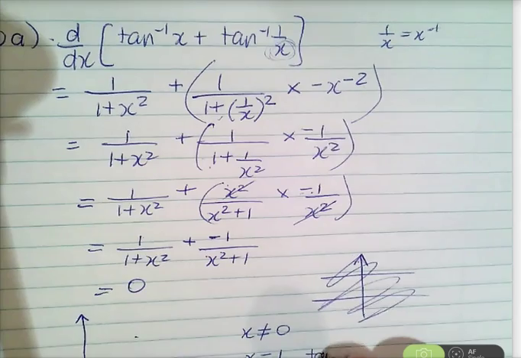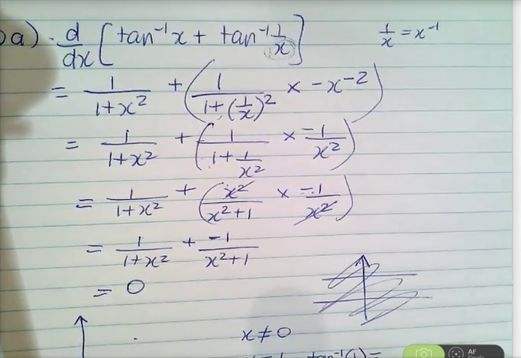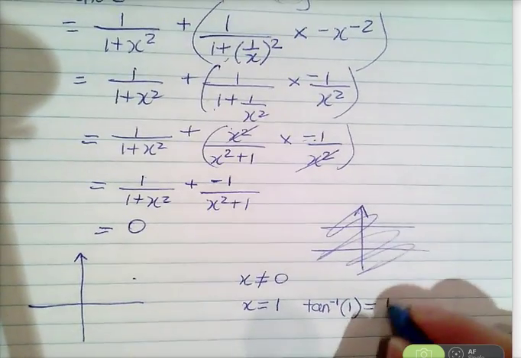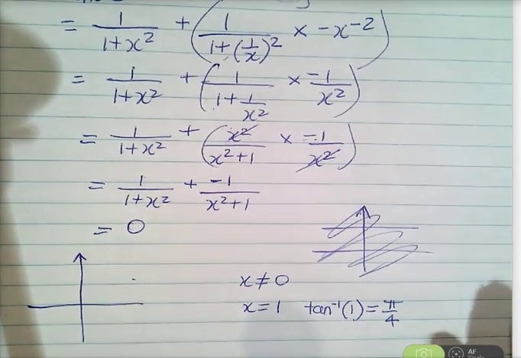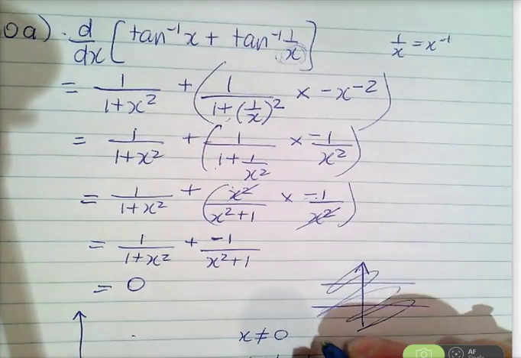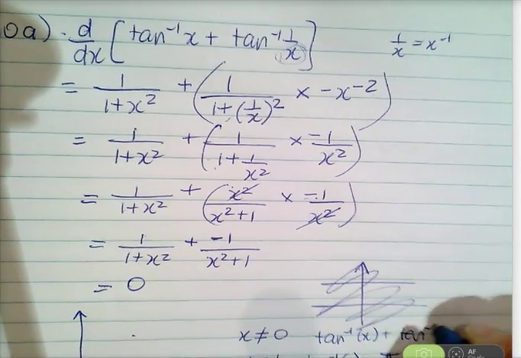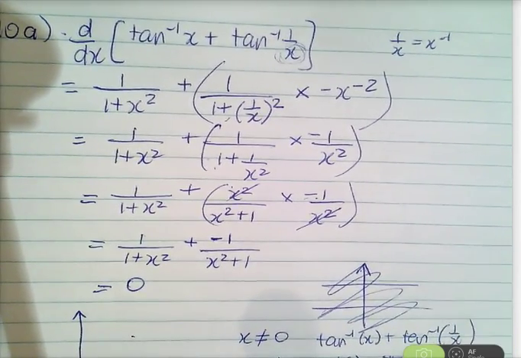What's the inverse tan of 1? Tan of what is 1? Tan of pi on 4 is 1. So we're looking at the inverse tan of x plus the inverse tan of 1 on x, okay?